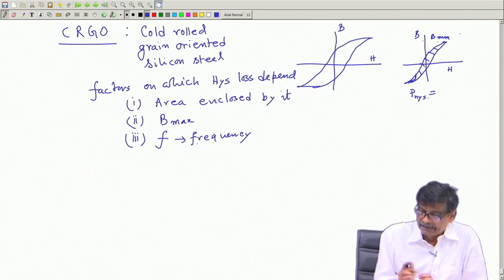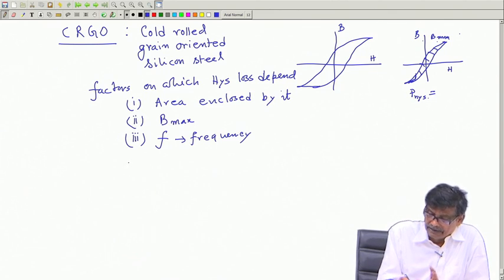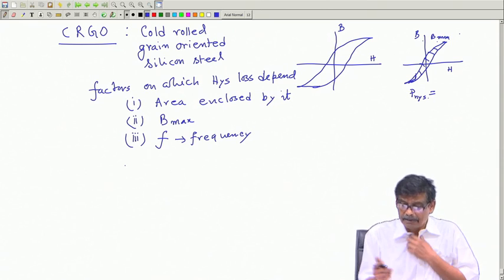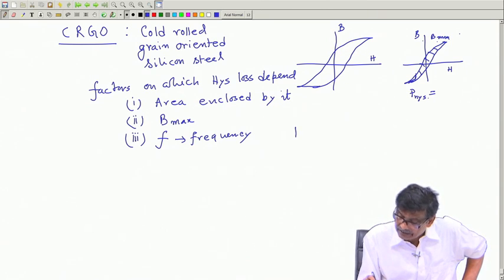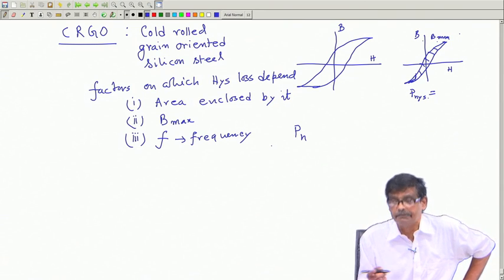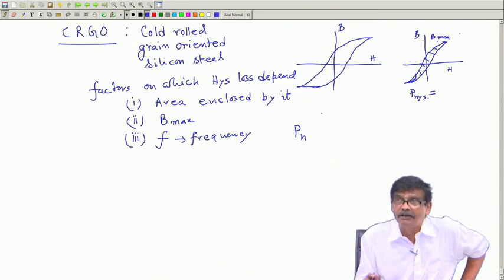All this said and done, after doing some experiments on several magnetic materials, a formula was proposed by Steinmetz, for which there is no derivation.